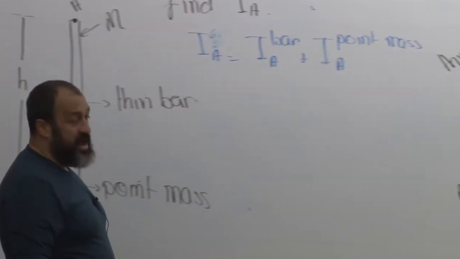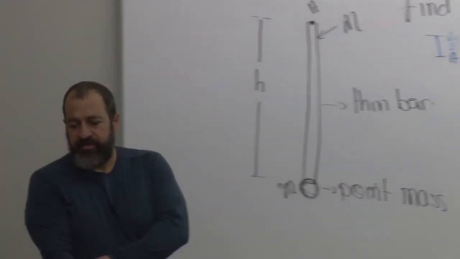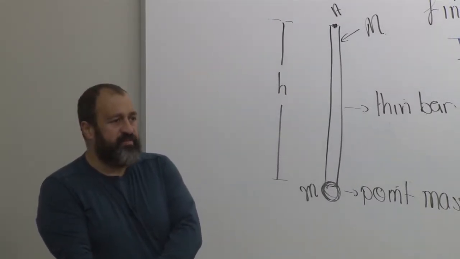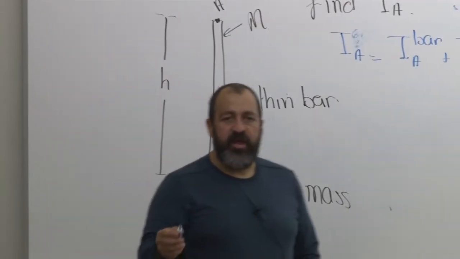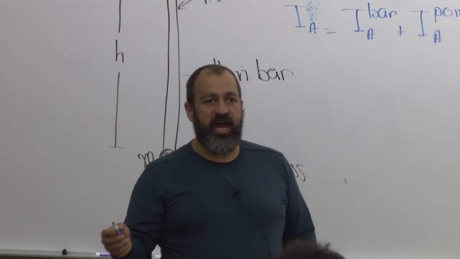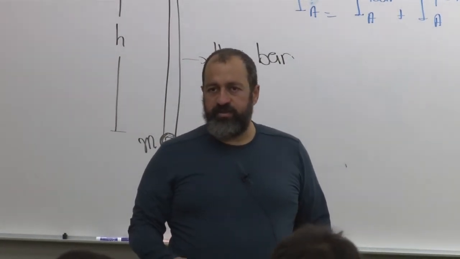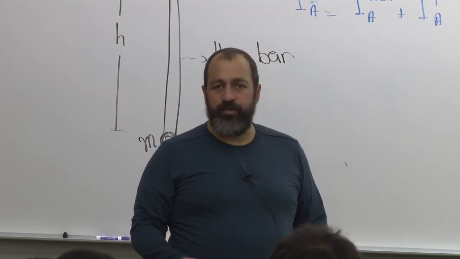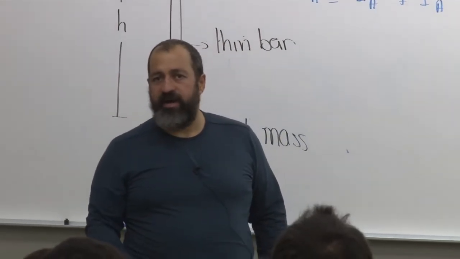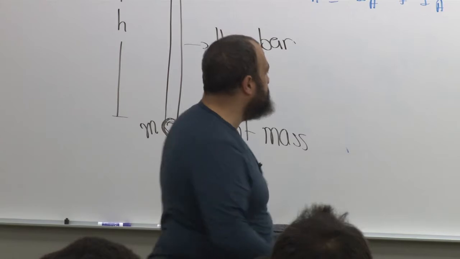What I'm driving towards with these 2 examples is the fact that the moment of inertia of a composite system about a given axis is made up of the sum of the moments of inertia of the individual components of the system. What we had applied to point masses applies to composite systems because of the nature of the moment of inertia.